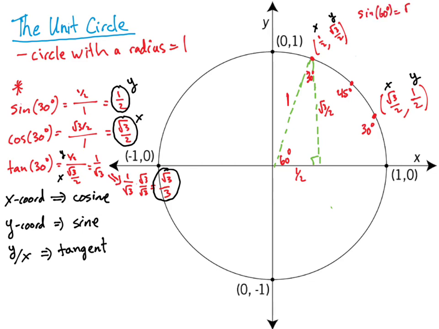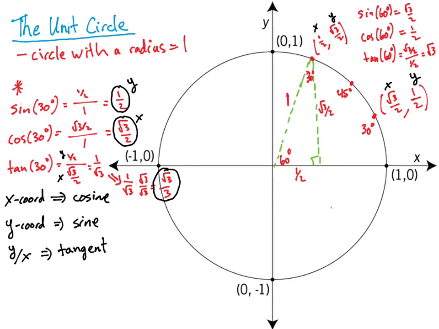Well, that's just the y-coordinate, √3/2. The cosine value of 60 degrees, well, this is just the x-coordinate, that's 1/2. The tangent value of 60 degrees, well, this is y/x. So √3/2 divided by 1/2, the 2's can simplify out, so we end up with √3.